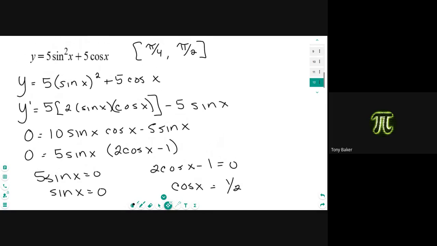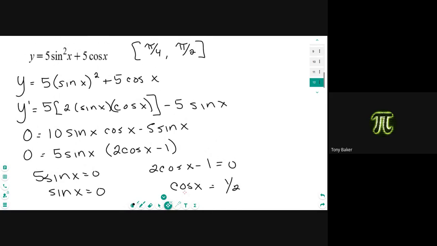So where is sine of x 0 between pi over 4 and pi over 2? That's 0 at 0 and pi. So you're right, it's not. So that one gives us no zeros. Where is cosine of x 1/2?